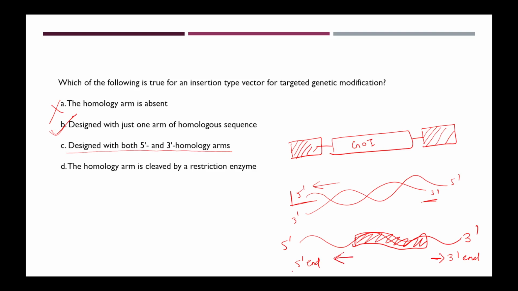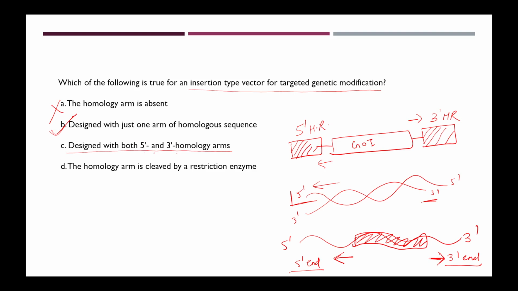Prior to the gene sequence is the 5' end, after the gene sequence is the 3' end. Similarly, the arm prior to the gene sequence will be referred to as the 5' homology arm, and the arm beyond the gene sequence will be referred to as the 3' homology arm. So is it correct or not that the insertion type vector is designed with both 5' and 3' homology arms?